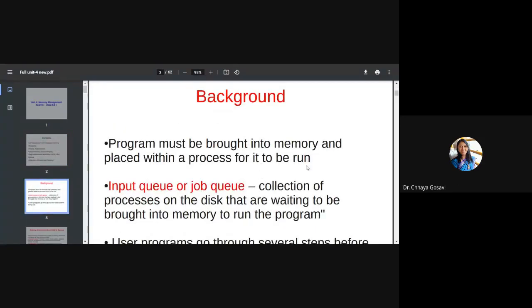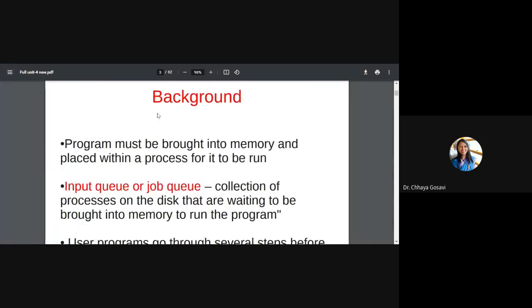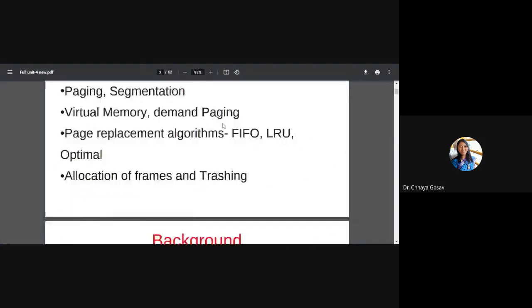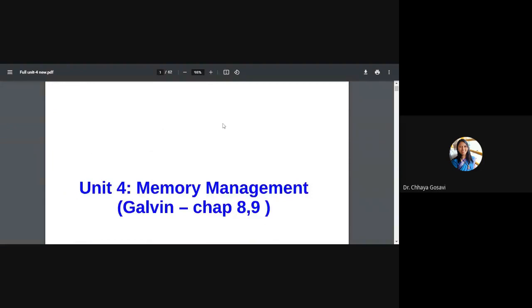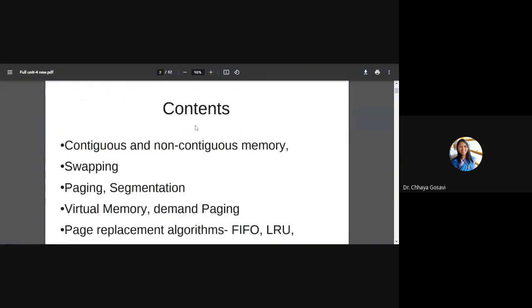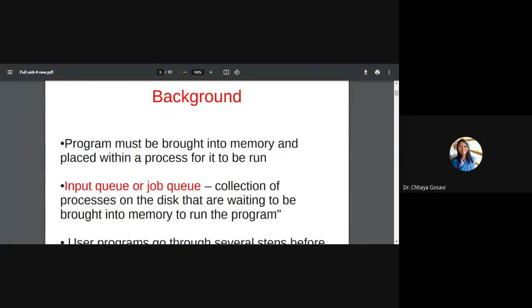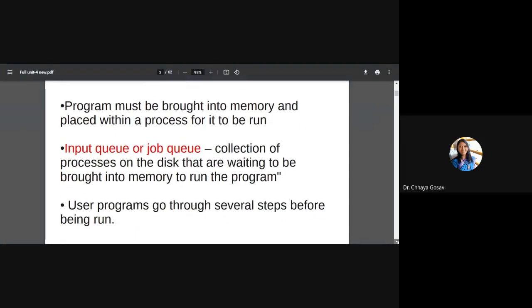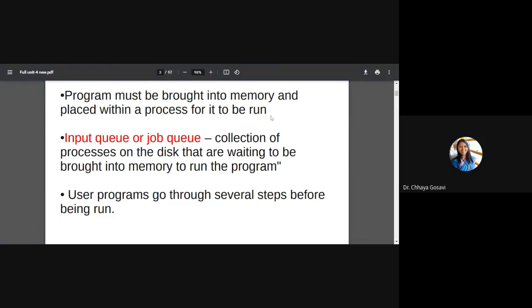It is just a revision of what we have seen up till now. We have seen that a program should be brought into main memory and placed within a process for it to run.